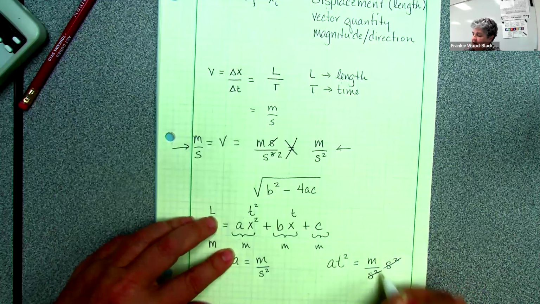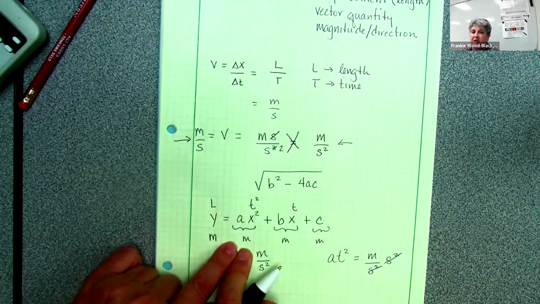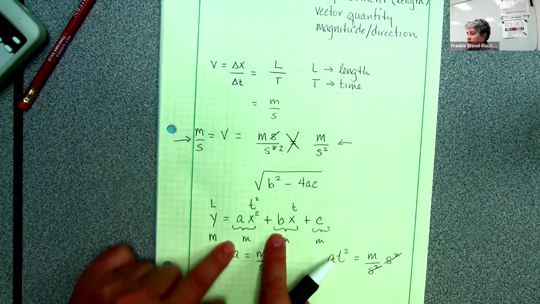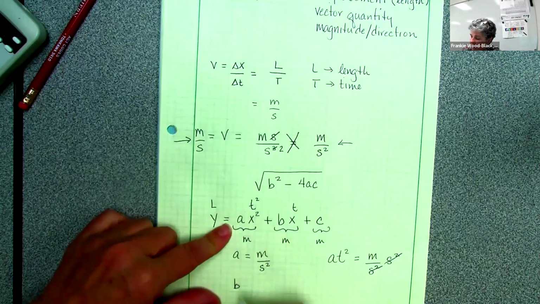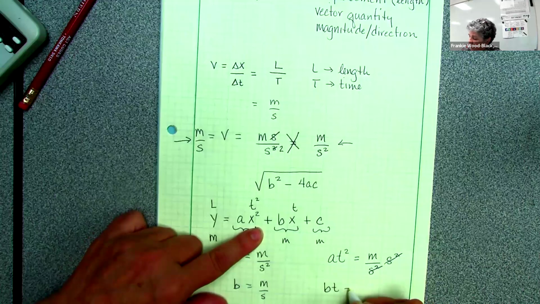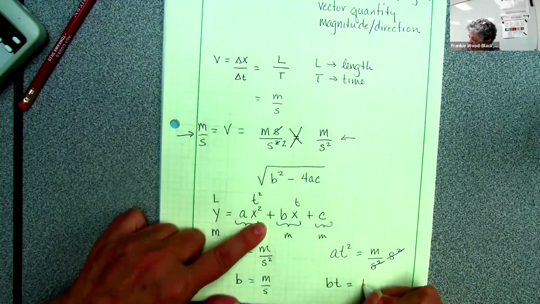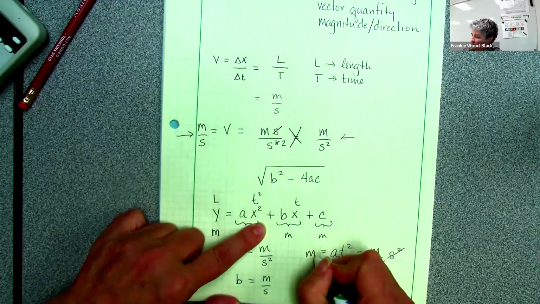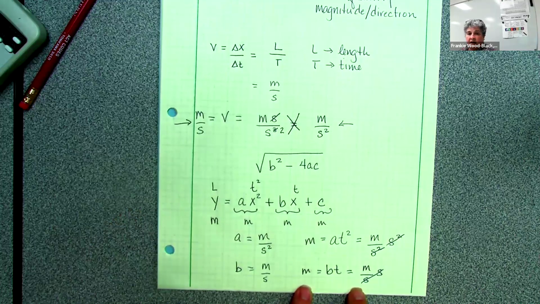So those cancel out, and that's in meters. So you want to make sure that your units are matching up. My units of B have got to be in meters per second, because B times T better be in meters. And I've got meters per second times seconds. Those cancel out. That's meters. This cancels out. That's meters. And my units are there.